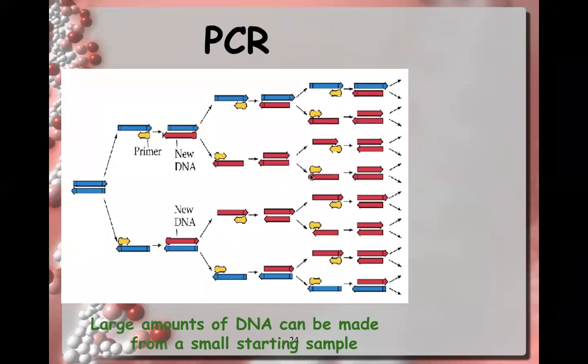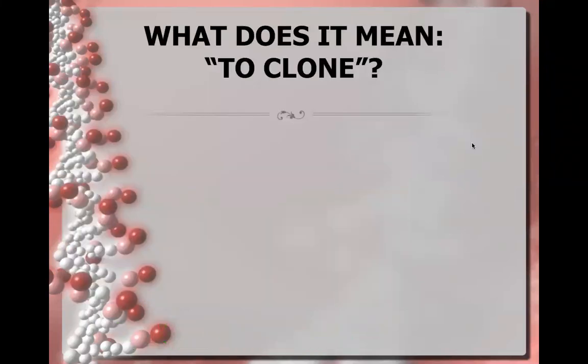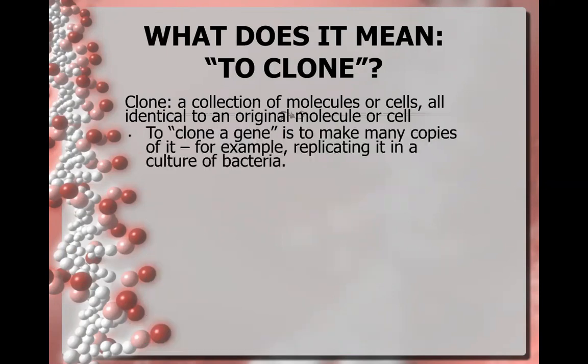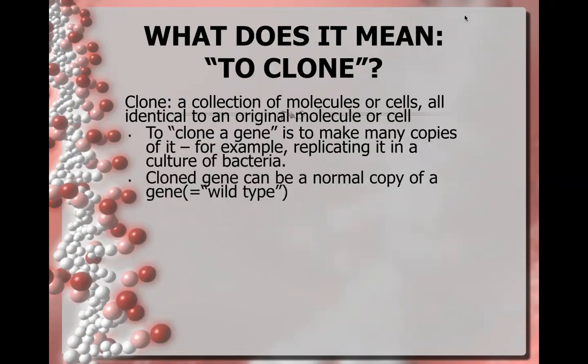And then this is again another photo to show you the large amounts of DNA can be made from a small starting sample, your primer. So it can be generated from one copy to thousands or millions of copies. So this is also very synonymous when you say clone.